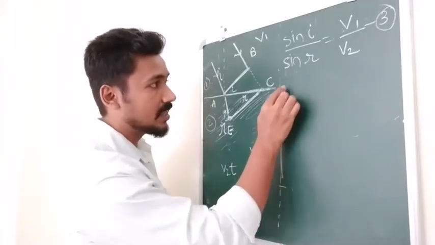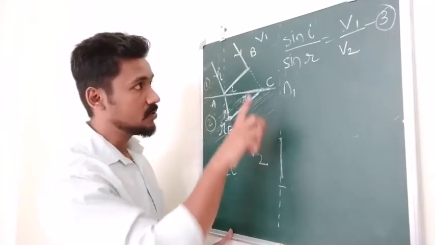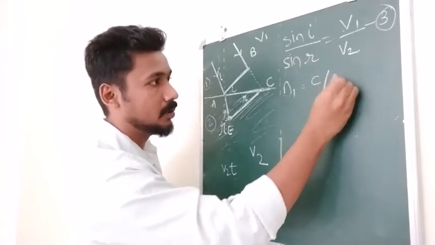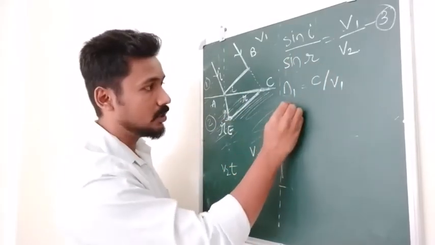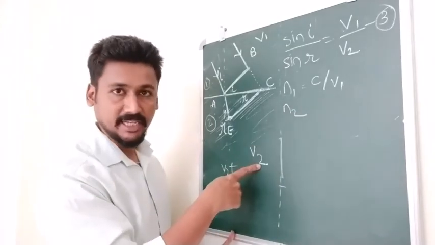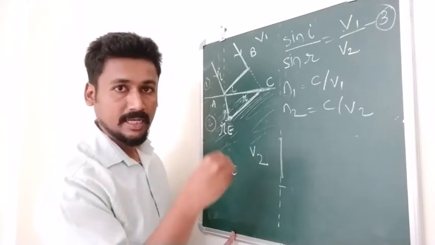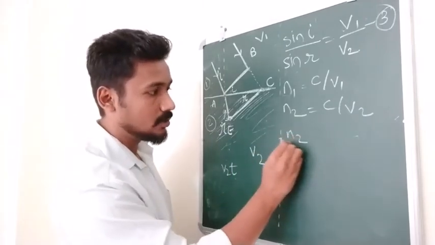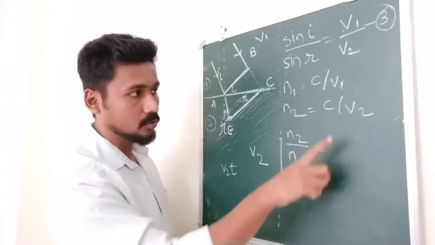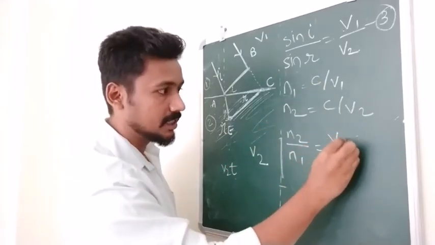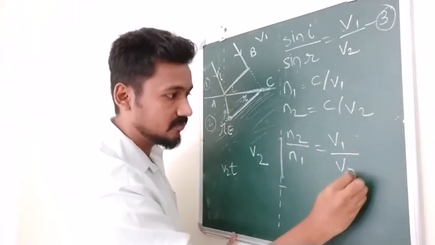Now we know that if N1 is the absolute refractive index of the first medium, it will be equal to C upon V1, and if N2 is the absolute refractive index of the second medium, N2 will be equal to C upon V2. Thereby you can say that N2 by N1 is equal to C by V2 divided by C by V1, which is nothing but V1 by V2.